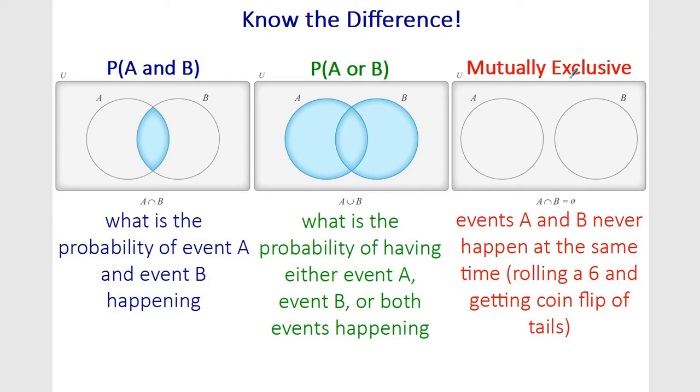That can happen, so those are not mutually exclusive. They can happen at the same time. However, mutually exclusive events can't happen at the same time, like rolling a prime number and rolling a 4. It's never going to happen at the same time.